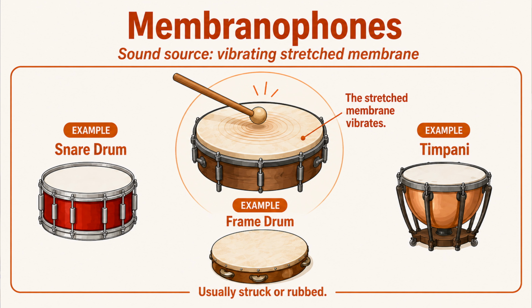But of course, you could have an animal skin traditionally, or some sort of synthetic drum head. So a lot of membranophones are drums, but some interesting exceptions to that would be the kazoo.